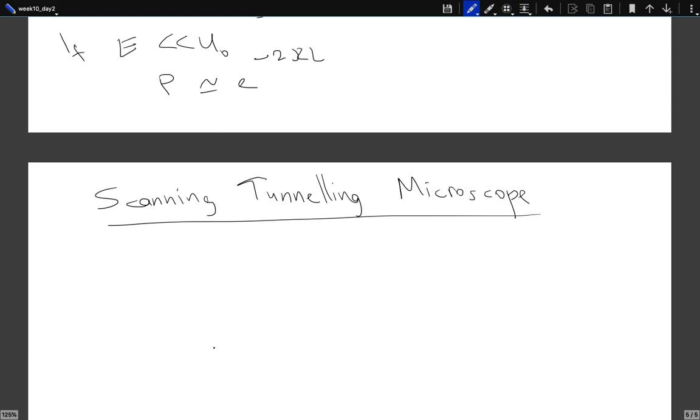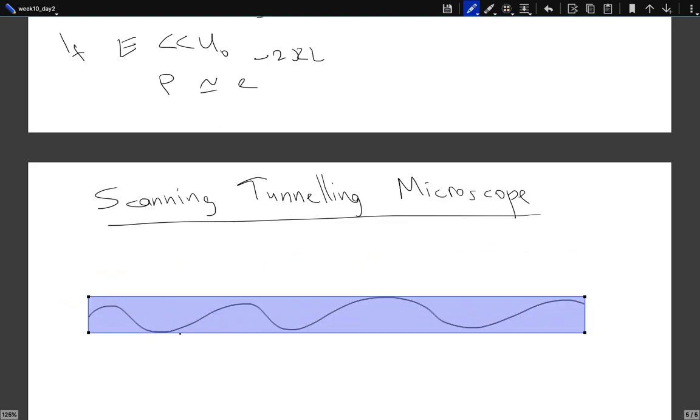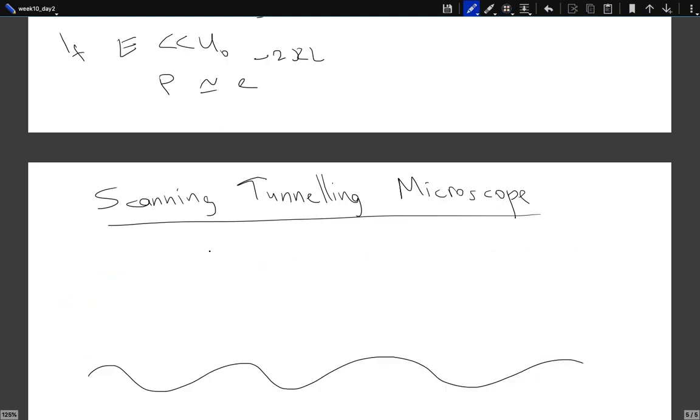Now, in scanning tunneling microscopes, the basic idea is this. Let's say you have some surface, and then you bring some very thin tip on the surface.